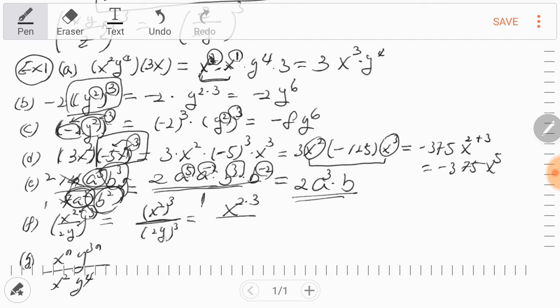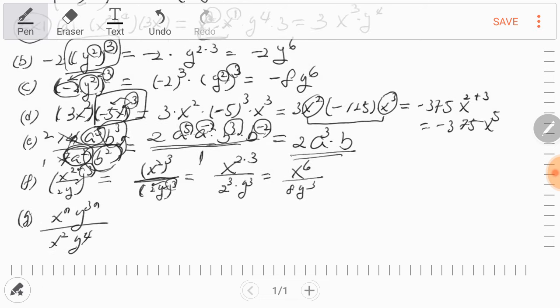How about the bottom? The base is a product of 2 and y, so we assign the exponent to each factor. So the denominator will be 2 cubed times y cubed. Then the numerator, x to the 2 times 3 is 6, over 2 cubed is 8, y cubed.